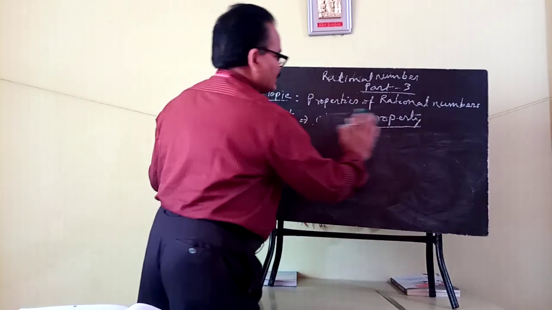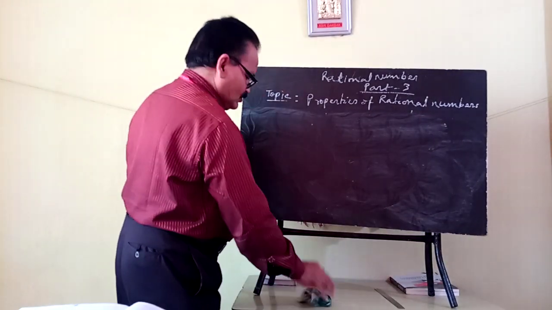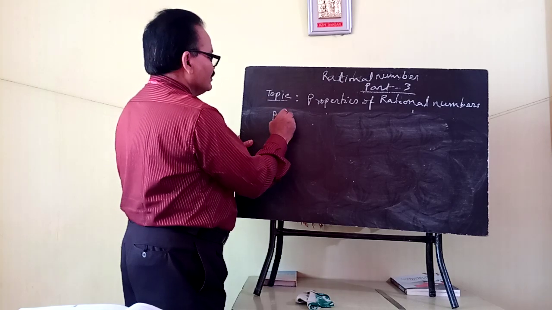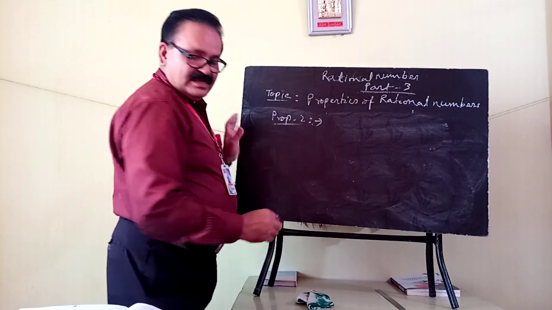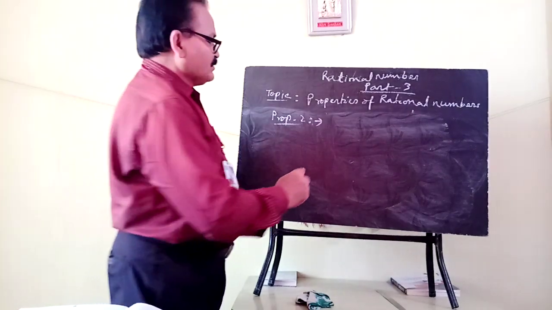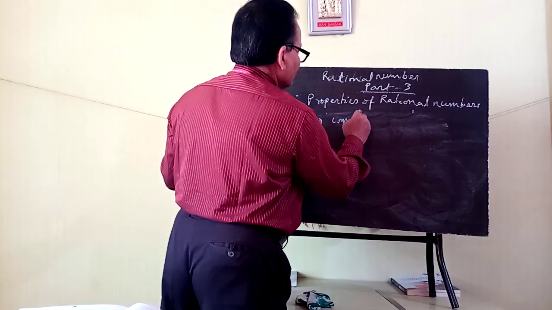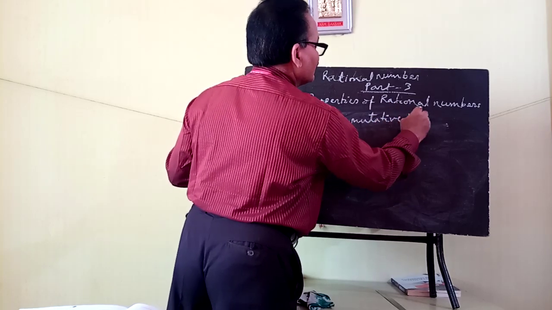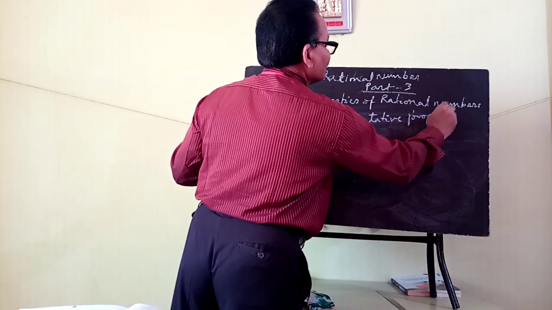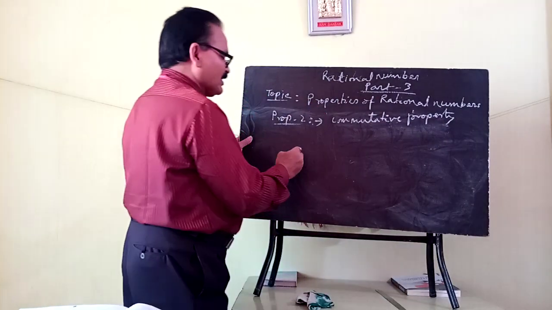For the next property, that is property 2. Property 2 is your commutative property.